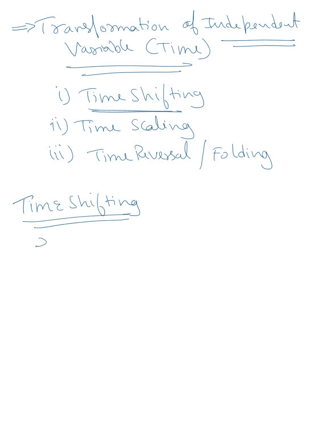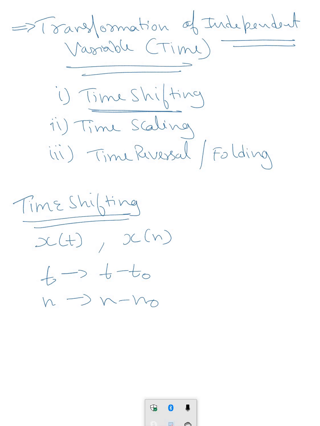Let us assume a continuous time signal x of t and a discrete time signal x of n. Okay, so we can say that the signal x(t) or x(n) may be shifted in time if we replace the independent variable t by t minus t naught. Similarly, in case of a discrete time signal, replace n by n minus n naught.